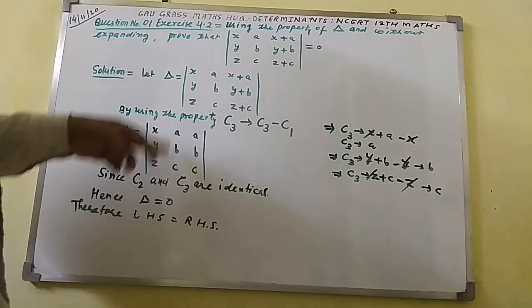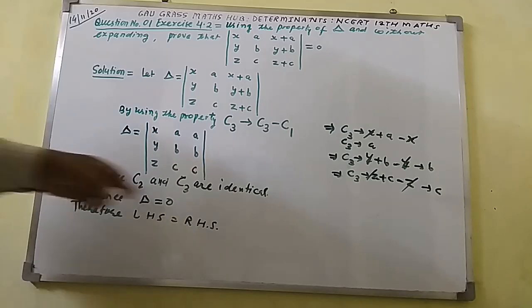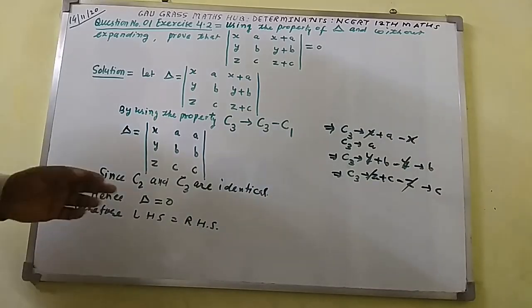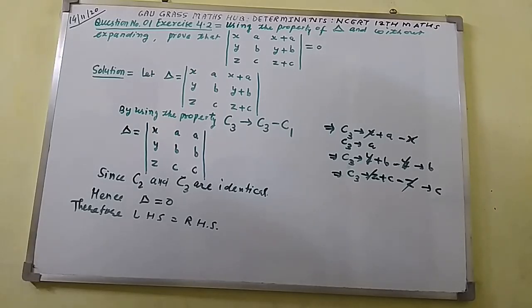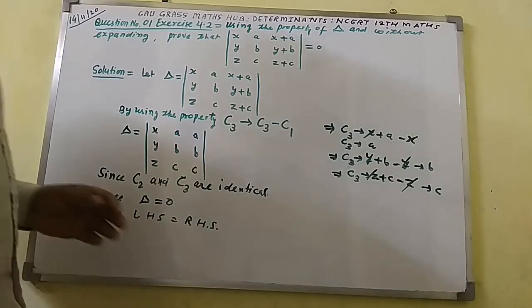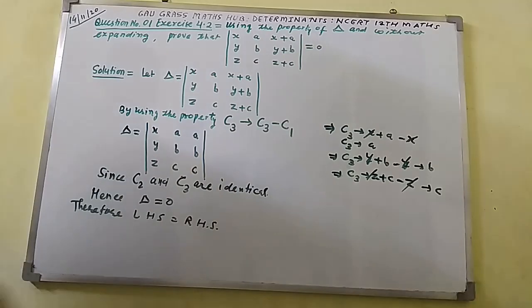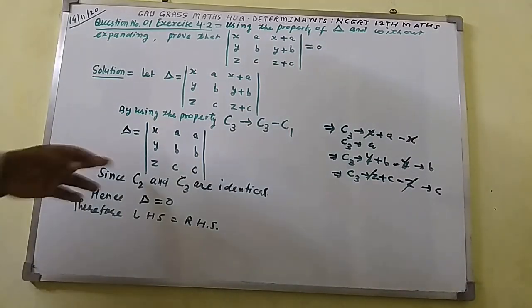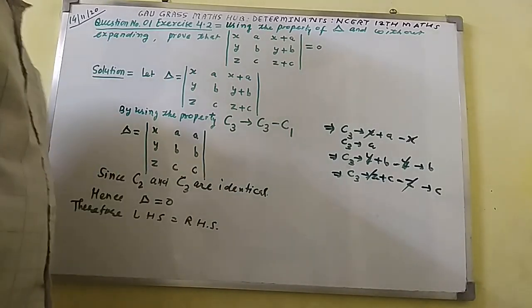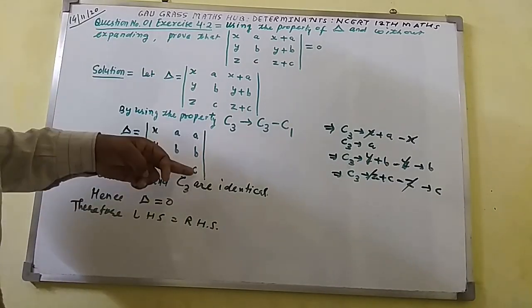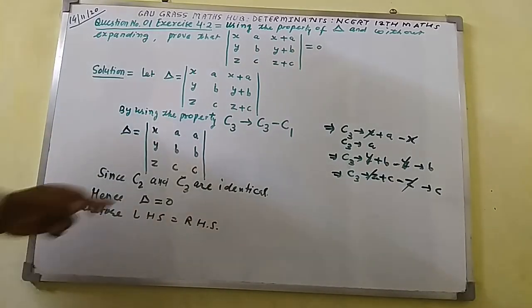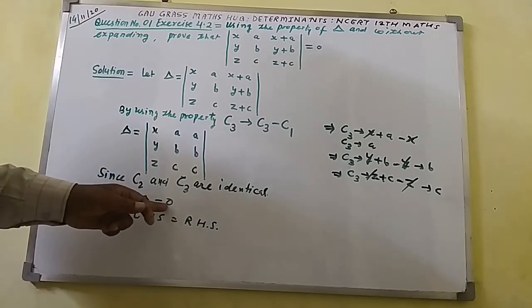When any two rows or any two columns of a determinant are identical, the value of the determinant comes out to be 0. Here the second column and third column are identical, so the value of the determinant comes out to 0.